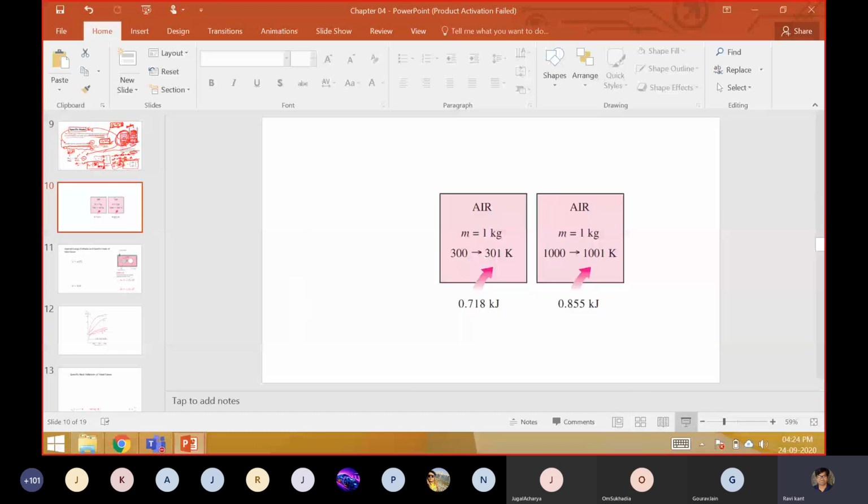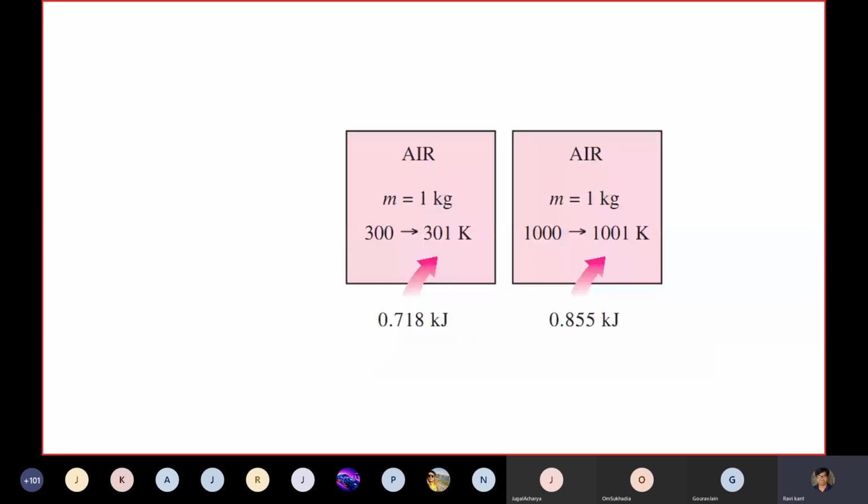Okay. The next point I want to make here is what is happening.